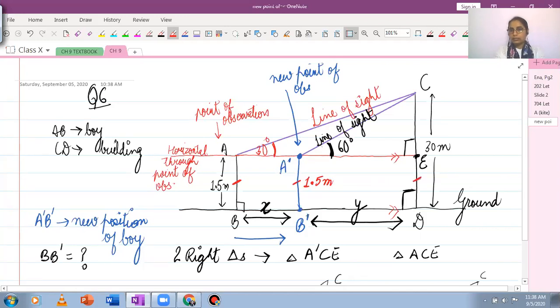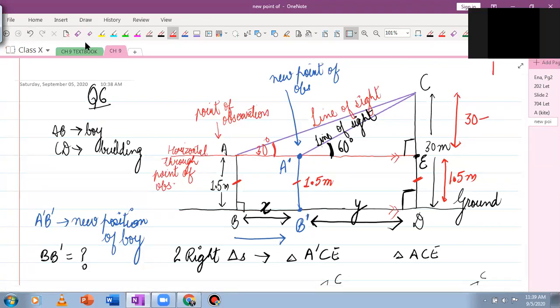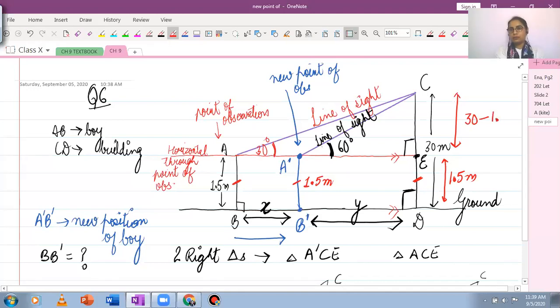And similarly, this part here will also be 1.5 meters. So can you tell me what will be this distance? Ma'am, 28.5 meters. 28.5 meters, because the total height of the building is 30 meters and the height of the boy is 1.5 meters. So this distance will be 28.5 meters.